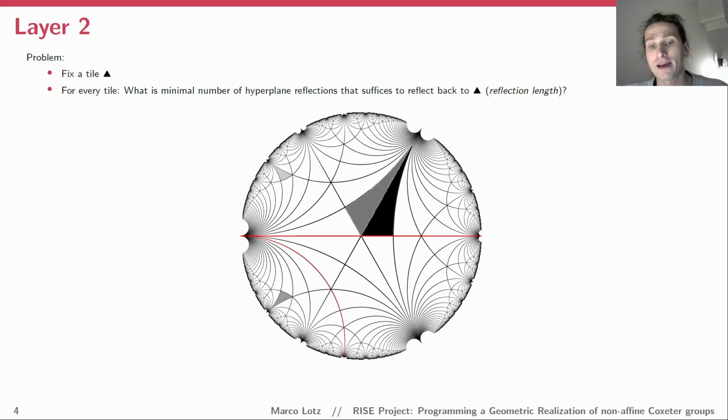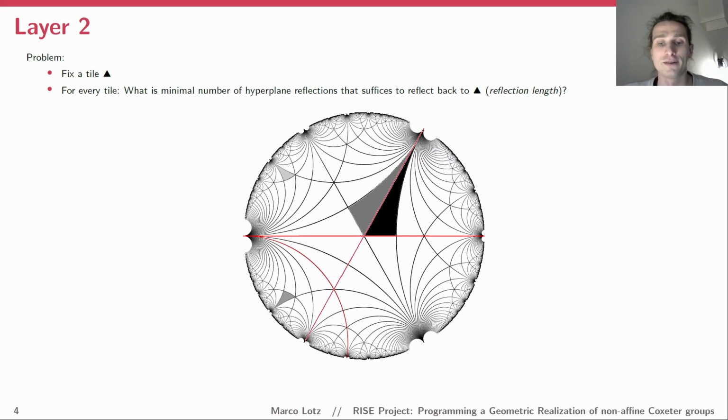Reflect on the second red hyperplane, we go to this tile, and the third reflection reflects the tile back to the black tile. I have not given any proof that this is really minimal, but you have to trust me that it is.